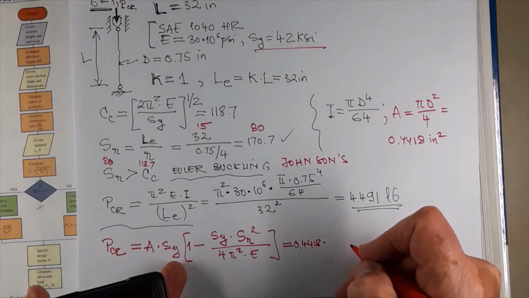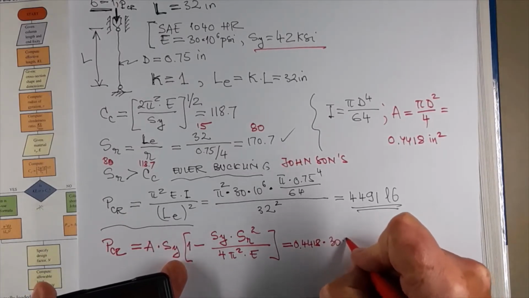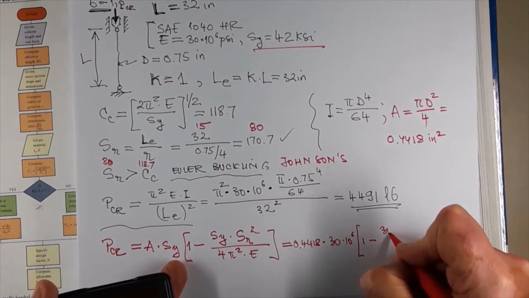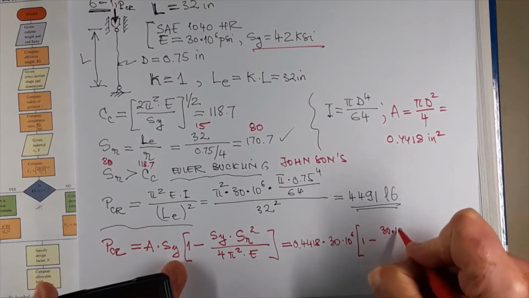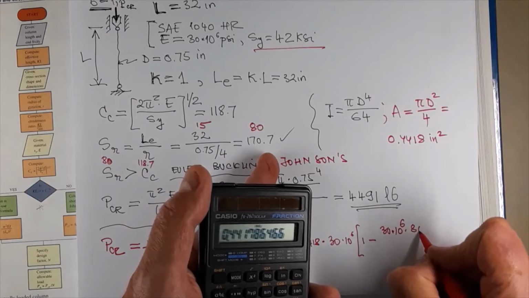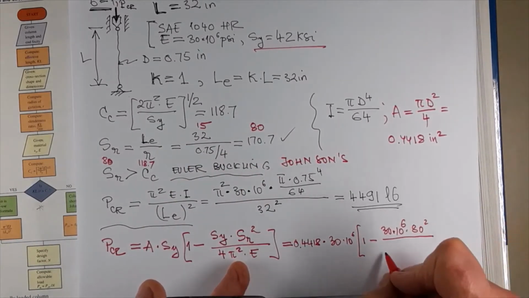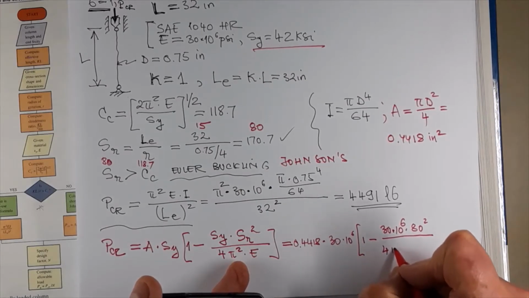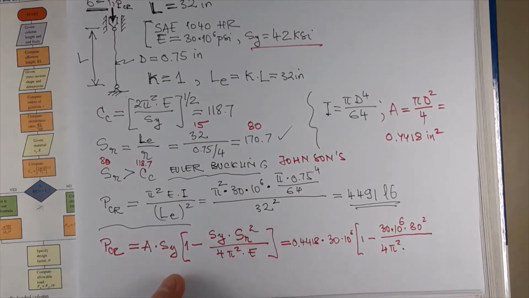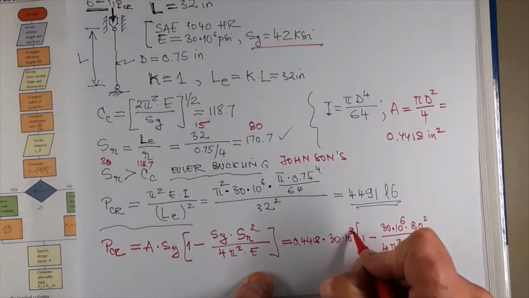So it's going to be 30 times 10 to the power 6, and then 1 minus 30 times 10 to the power 6 times the slenderness ratio, which was 80, squared over 4 pi squared times E. I'm sorry, this was supposed to be a mistake.